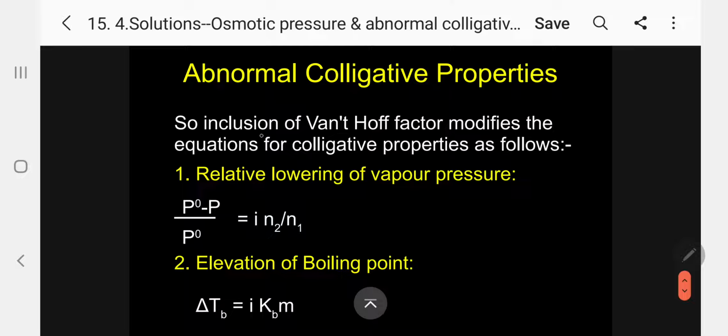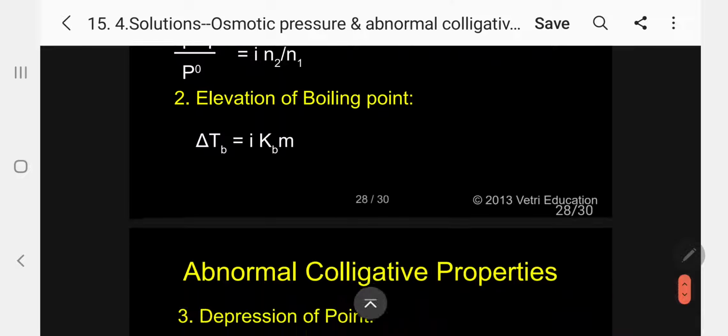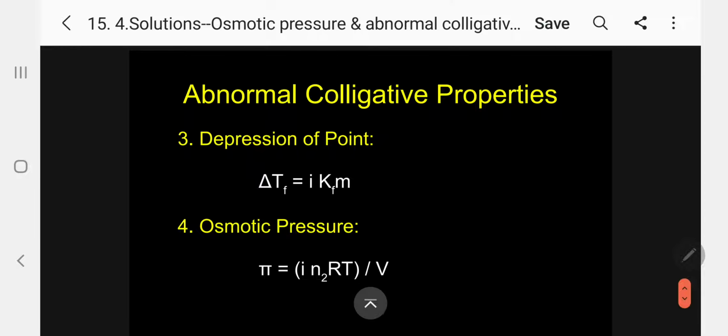So, inclusion of the Van 't Hoff factor modifies the equations of colligative properties as follows. For relative lowering of vapor pressure, (P naught minus P) by P naught equals i into N2 by N1. In the same way, for elevation of boiling point, delta Tb equals i into Kb m. For depression of freezing point, delta Tf equals i into Kf m.